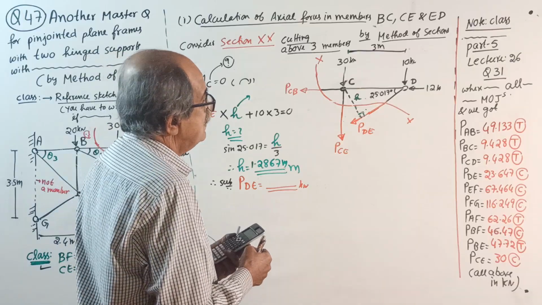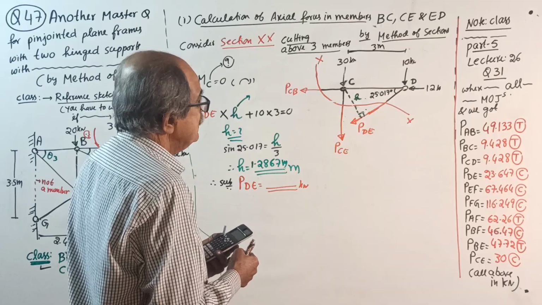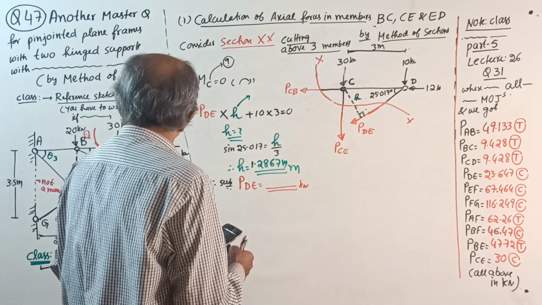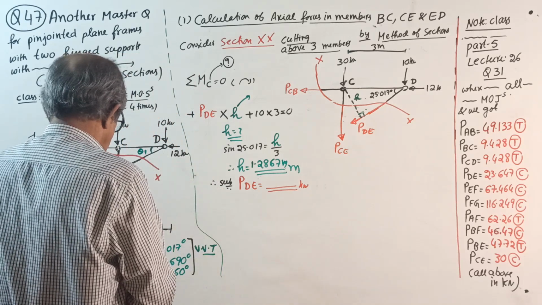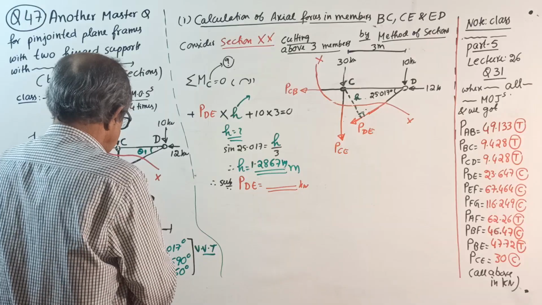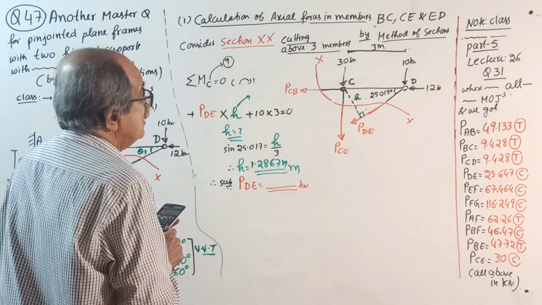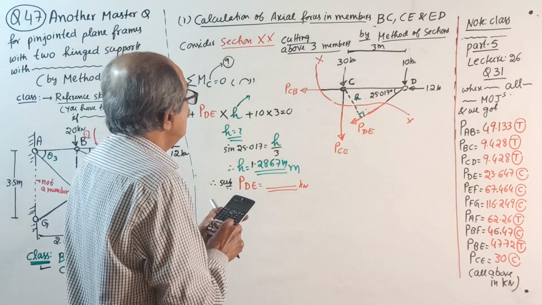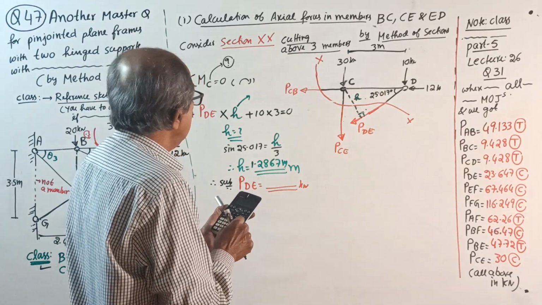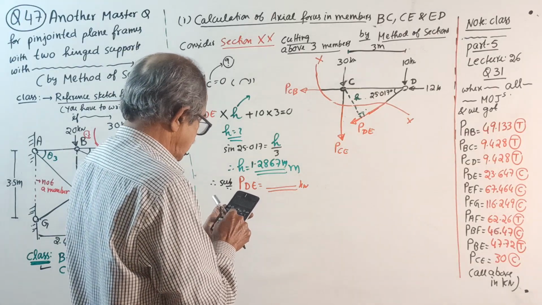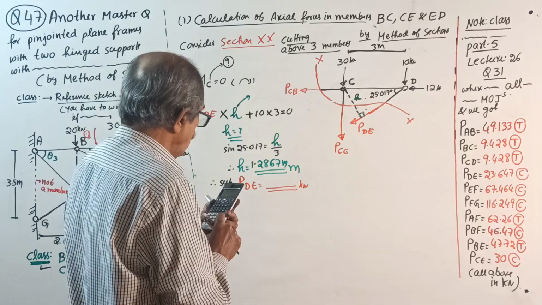Where is the answer there? It is not 23 point. Something went wrong. What is the angle? Theta is correct. That is 1.4 divided by 3. Shift tan inverse answer, 25.017. So 3 divided by 3 into sine 25.017 is 1.201.